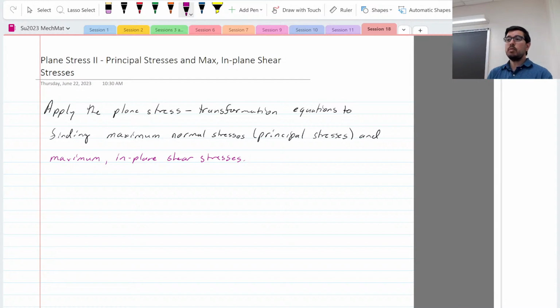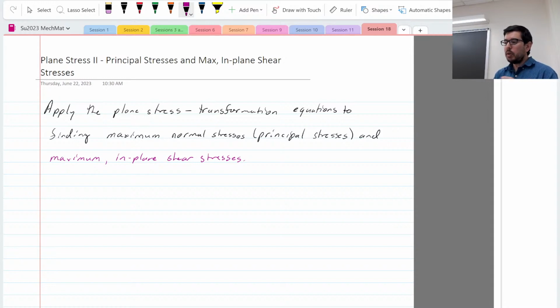The brittle materials often fail in catastrophic failure due to maximum normal stresses. And the ductile materials like the steel, the aluminum that we're typically dealing with, they fail due to maximum shear stresses. Okay, so there's a sliding action on these shear planes.